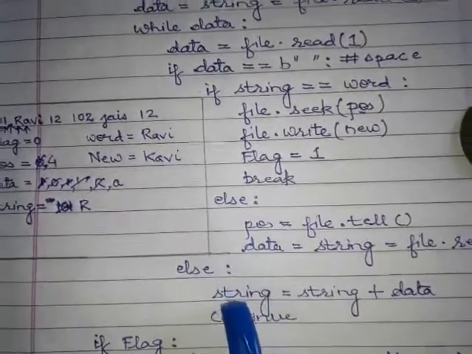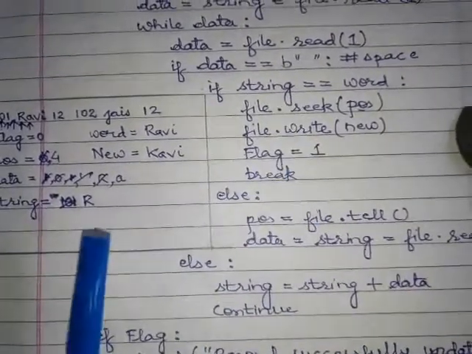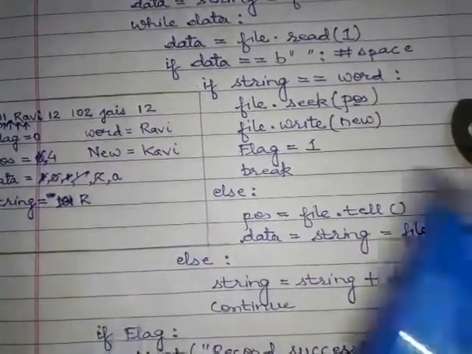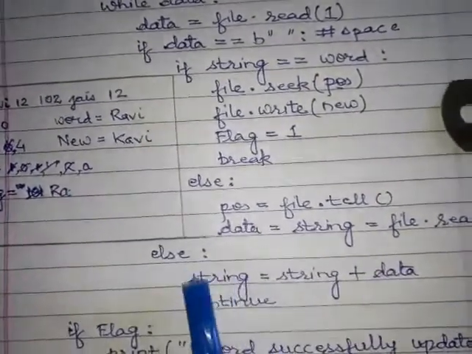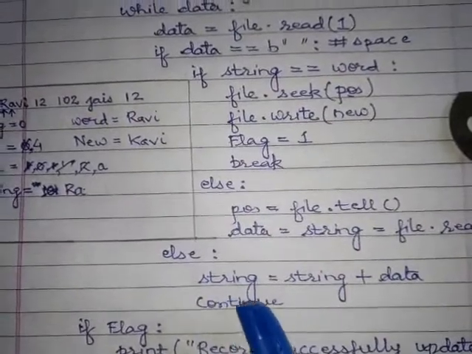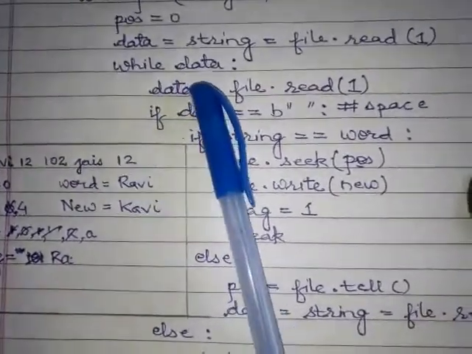String equals string plus data: string R plus data A. This is concatenation.